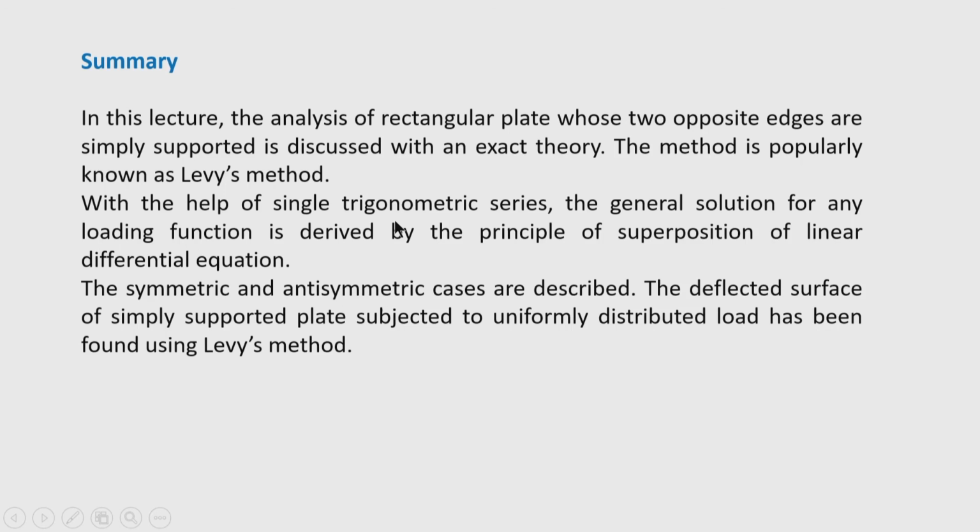If the conditions are symmetric, the antisymmetric term in the deflection function can be dropped. Similarly, if the condition is antisymmetric, then the symmetric function can be dropped. Anyway, the results are simplified based on the condition of symmetry.